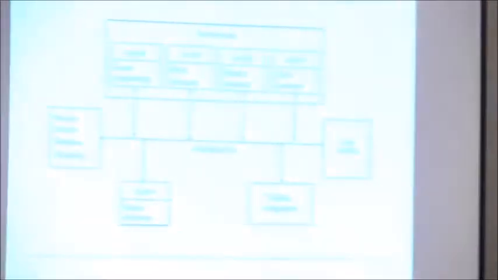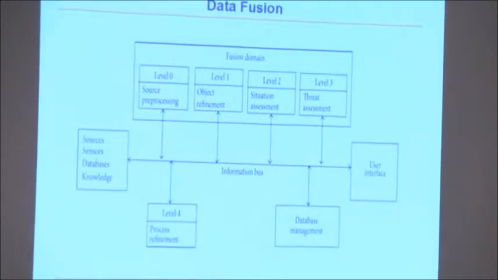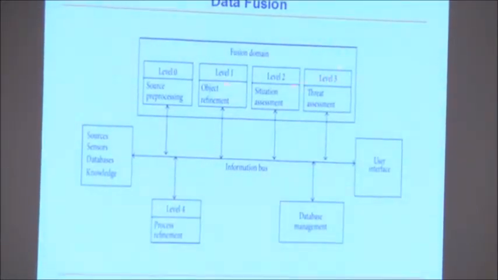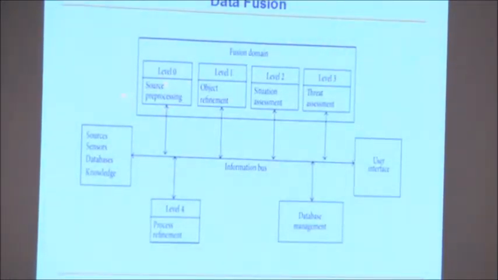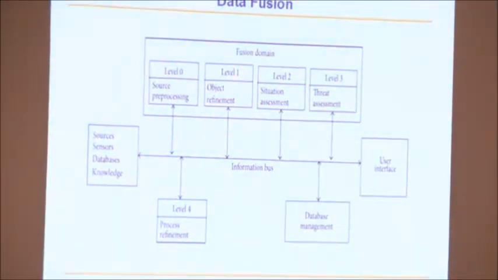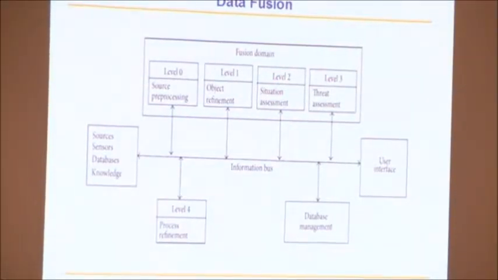So basically, we have many levels. We start from level 0, which is the basic level, source preprocessing. Then we go to object refinement, level 1. Then we go up to level 2, level 3, level 4, which are situation assessment, threat assessment, process refinement.